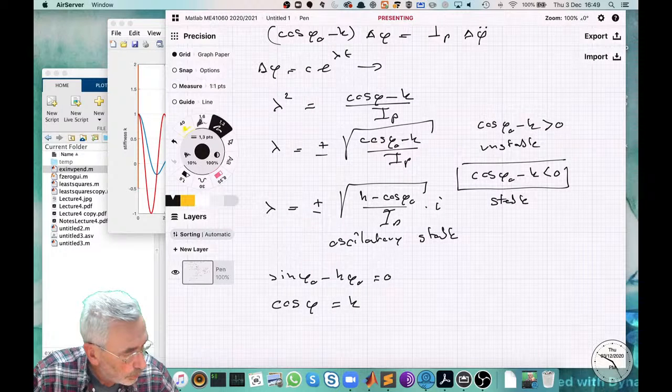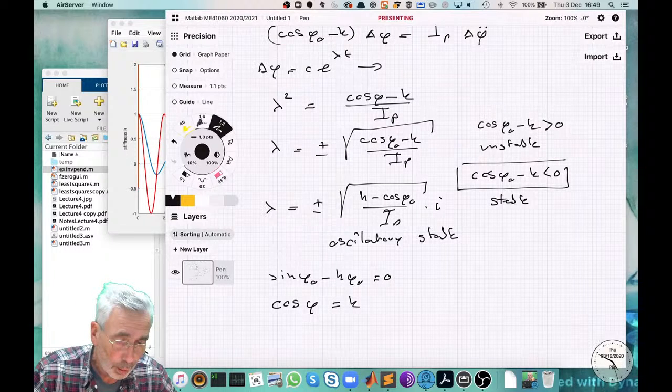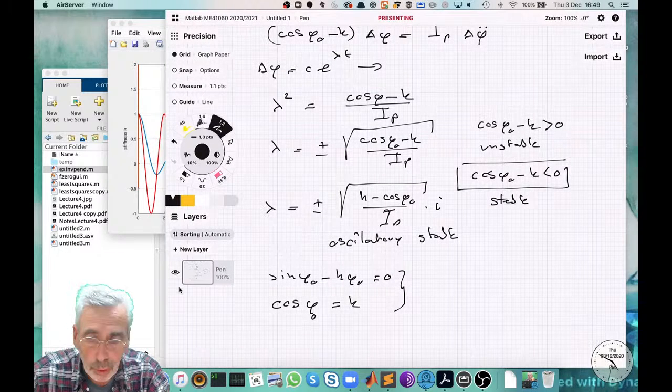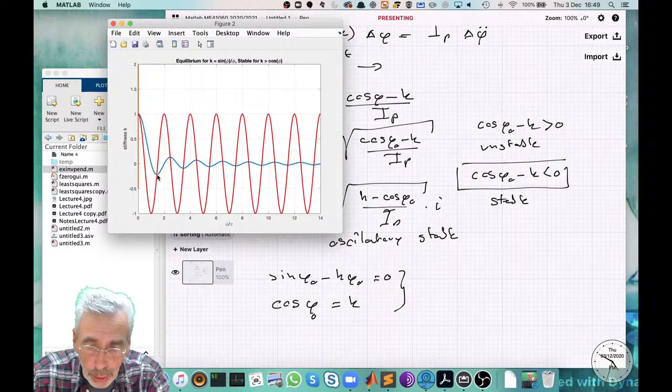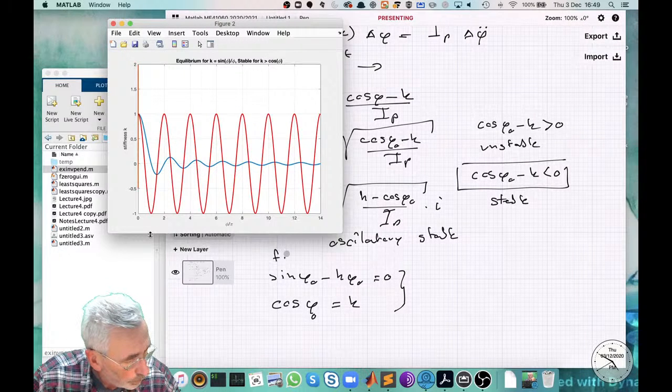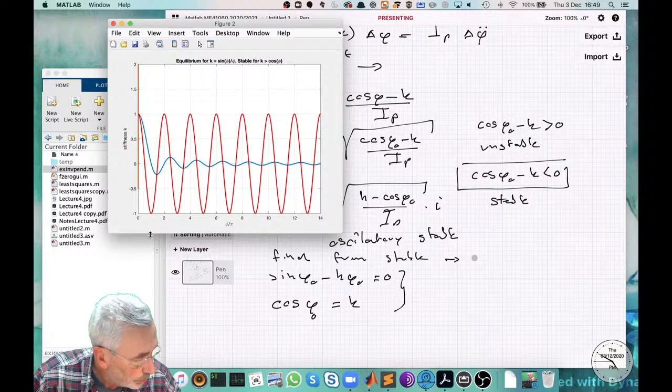And that's something I have to solve for phi 0. So then we find all these crossings, these points, where it changes from stable to unstable.